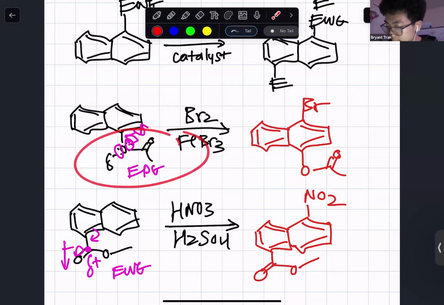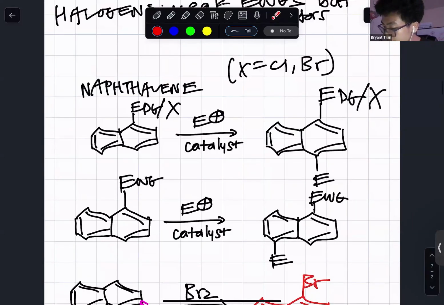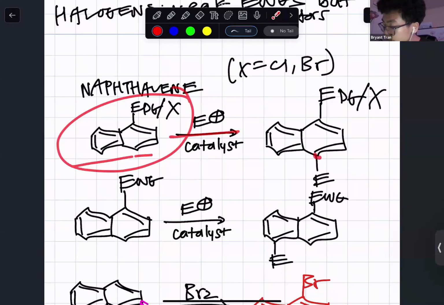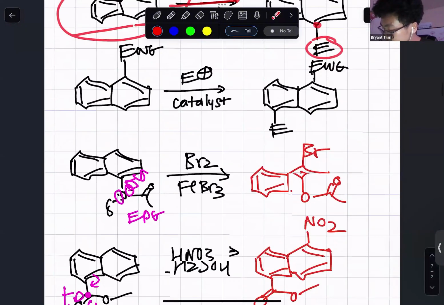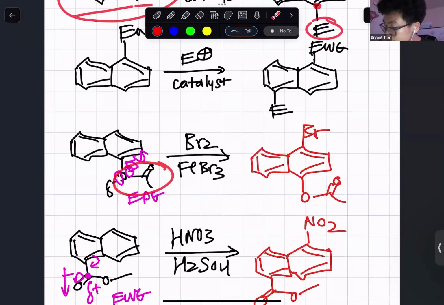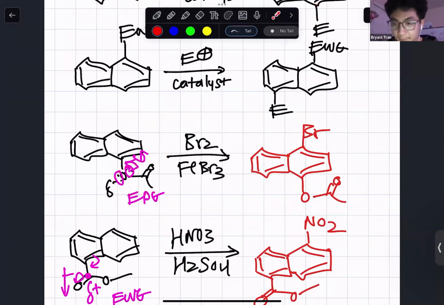And we know this is an EDG because the first atom coming off of the system here is oxygen with a pair of electrons, donating electrons towards the ring. And looking at this pattern right here, if we do EDG on the naphthalene, the electrophile will attach on the opposite carbon across from the EDG, which we see here. This is our EDG on this naphthalene. So when we do this EAS reaction, we're going to attach the electrophile on the opposite carbon from the EDG.